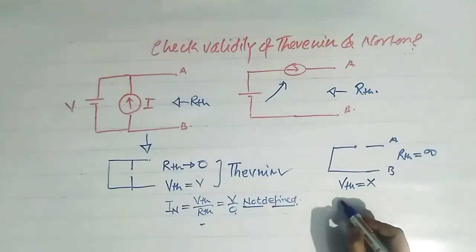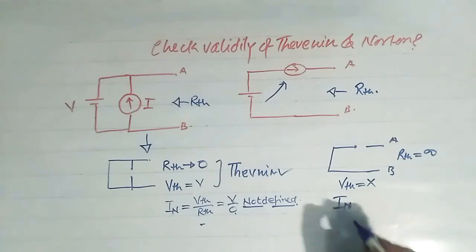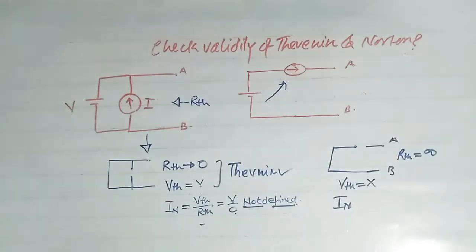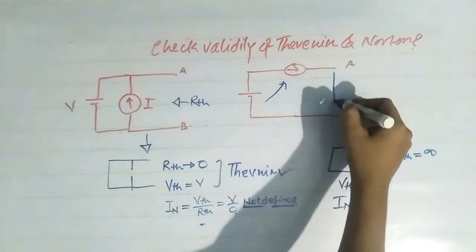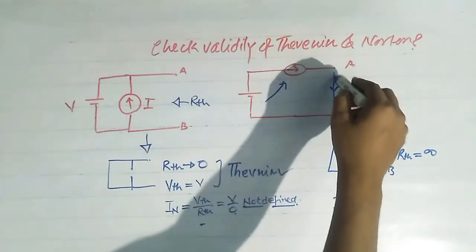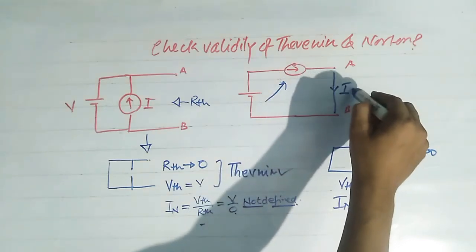And what is IN? How do we find the IN? We find the IN if we simply short this terminal AB, then the current through this branch is equal to IN.